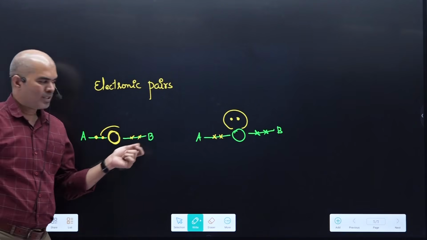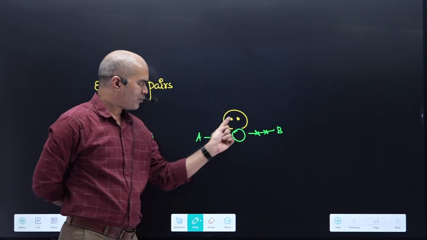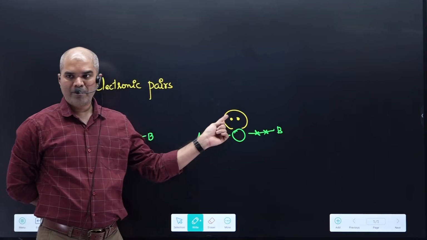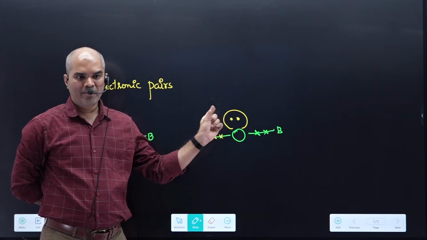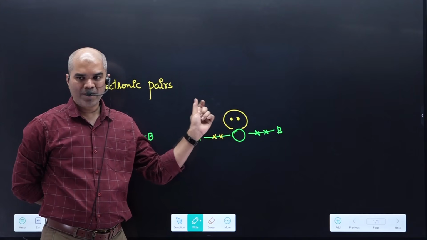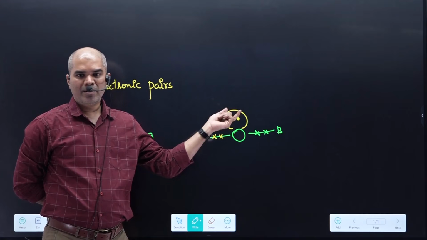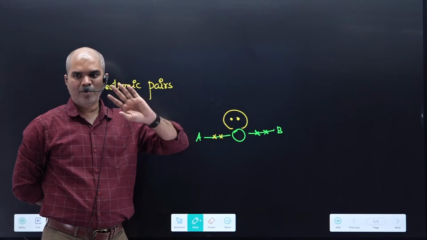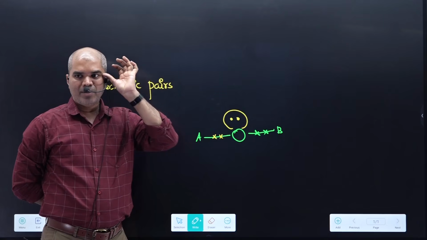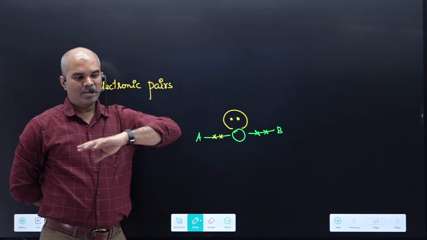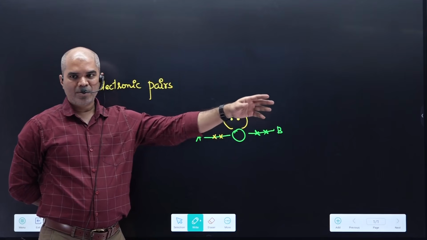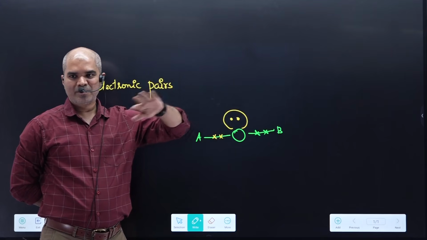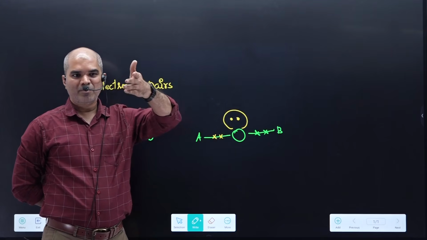The answer is no. Because there is a non-bonding pair of electrons, this non-bonding pair is also called a localized pair of electrons. A localized pair will always occupy greater space. Just imagine yourself going to Maharashtra. In Maharashtra, you go and say, this is my space. Can you say that? Can you just say that to a Marathi friend, anyone from Maharashtra here?